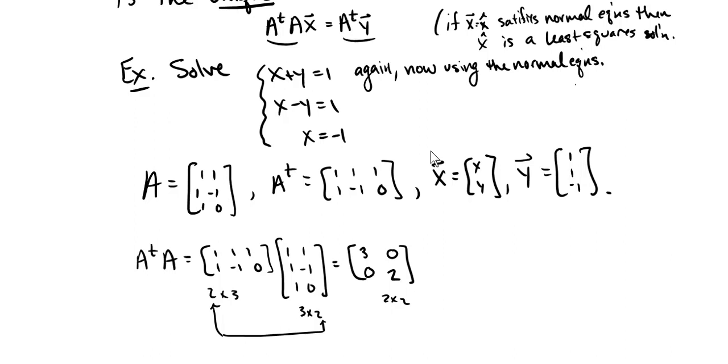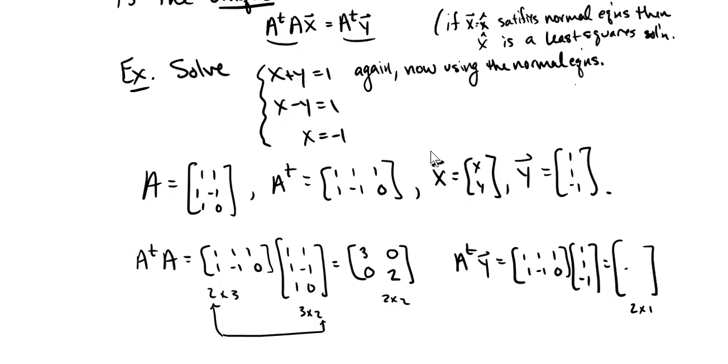That's this side of the normal equations. A transpose Y, we can compute that as well. What does this give me? This was 2 by 3, 3 by 1, so this will be 2 by 1. So what do we get? First entry here is going to be 1, I believe. You can check my work. Second entry will be 0. So there we have it.